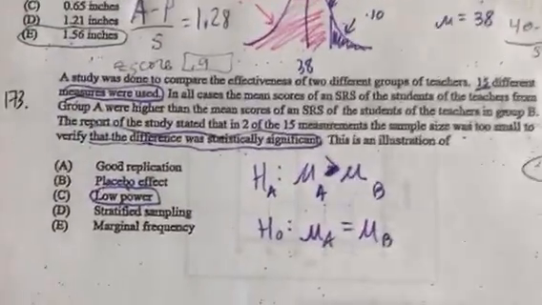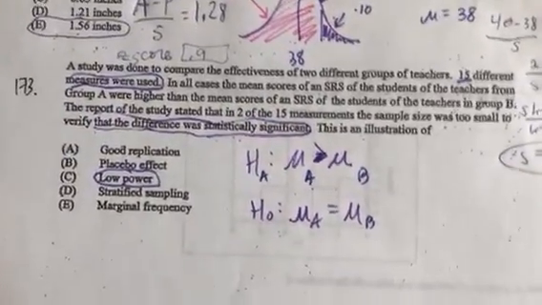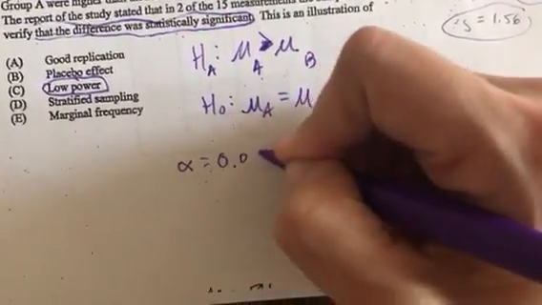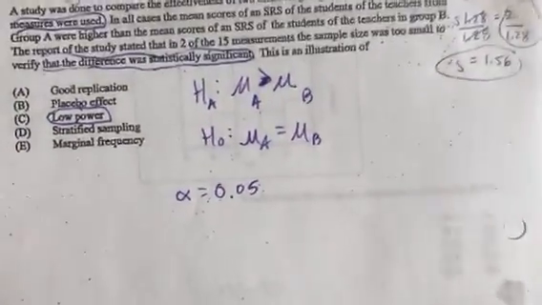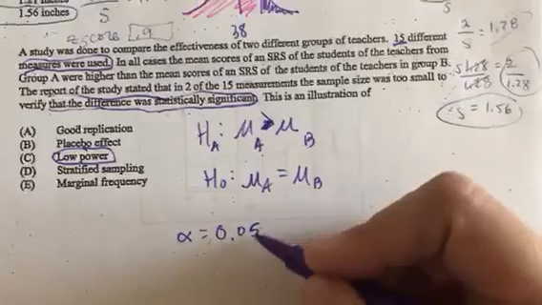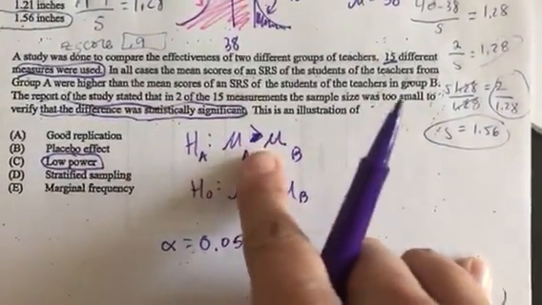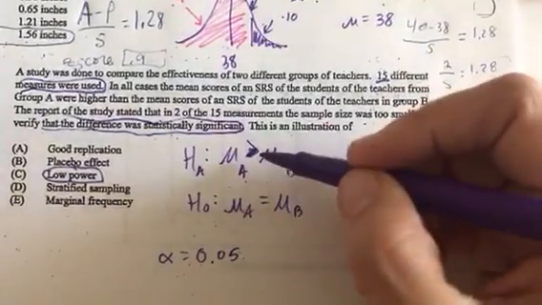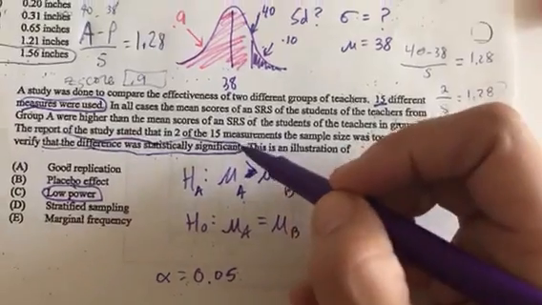If we have some amount of evidence, but not statistically enough evidence, then what's probably happening is alpha was too low, or we needed to increase the power in order to detect the truth. And we believe that the truth was that A is bigger than B, and we have a lot of proof that A is bigger than B, but we ended up getting outcomes that were not statistically significant enough.